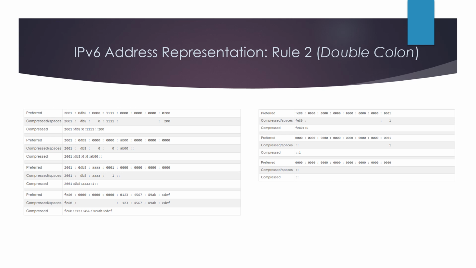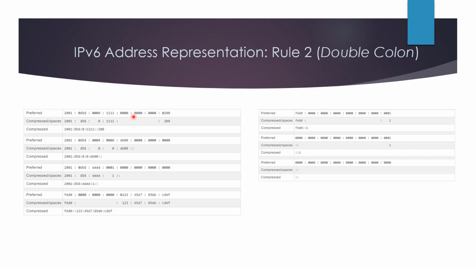So if we omit leading zeros and all-zero segments, we will go from the preferred to the compressed format. By using the first rule, omitting zeros, we go from the preferred IPv6 address to the compressed address. And as you can see here, there are three contiguous hextets that have their value as 0.